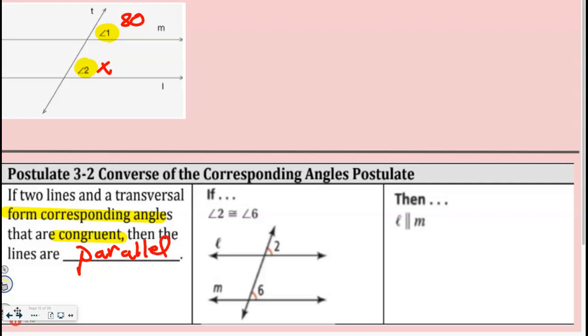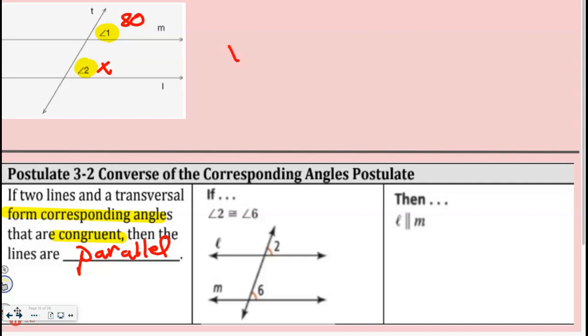The farther away they are, the sooner they'll cross. Like if I said this is a 79, it'll take them a while to cross, but they eventually will. But if I said this angle's 150 degrees, they're going to cross pretty soon. But if they're the same, they'll never cross.